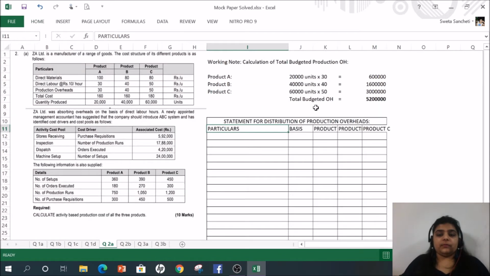Okay, so our first cost is the store's receiving cost. What will be the basis? The purchase requisition. You can also write here in bracket, that is the cost driver.